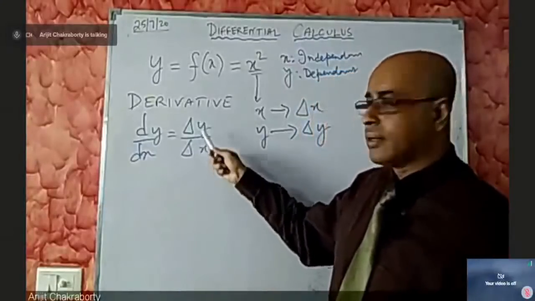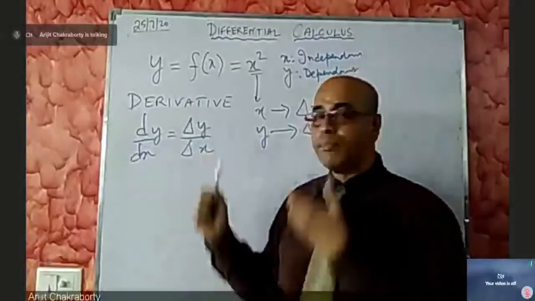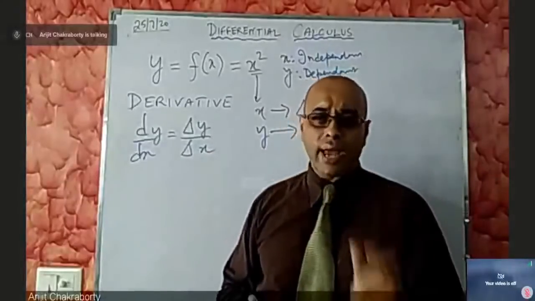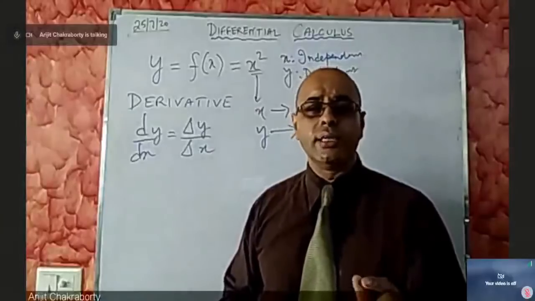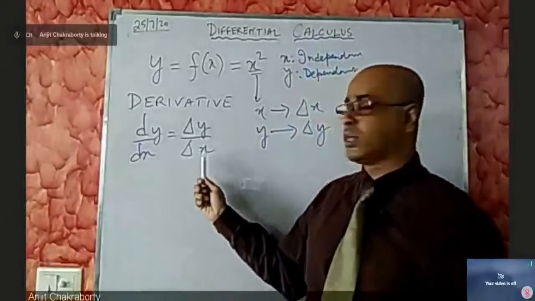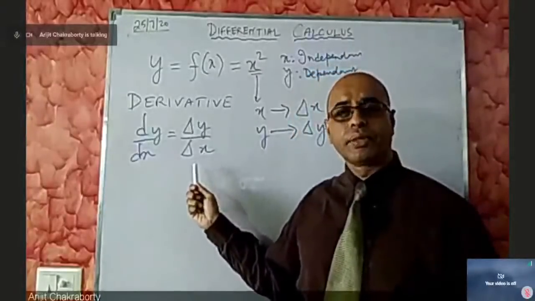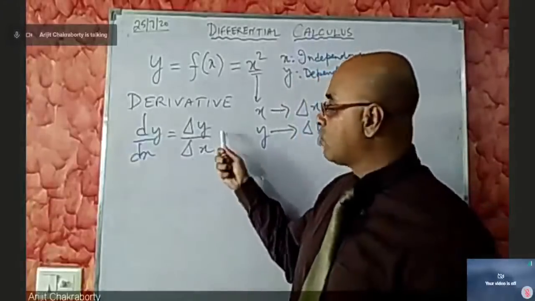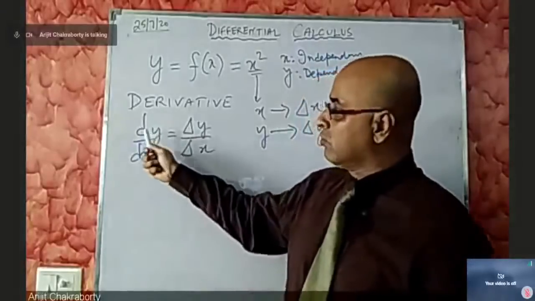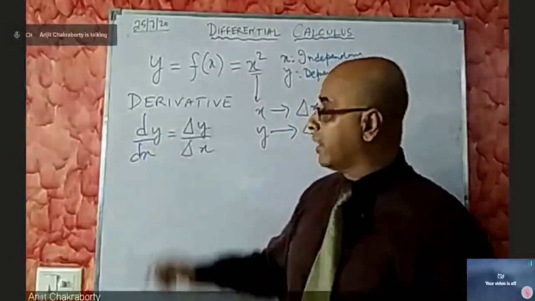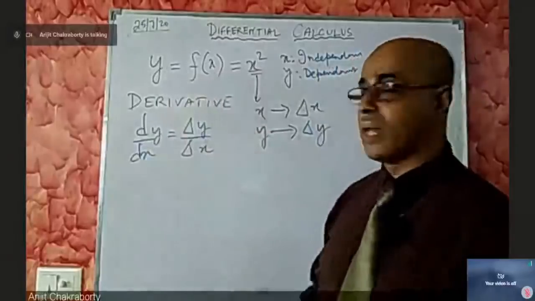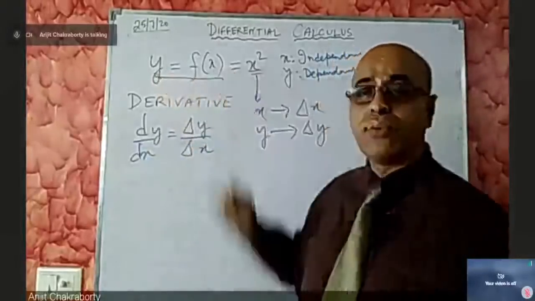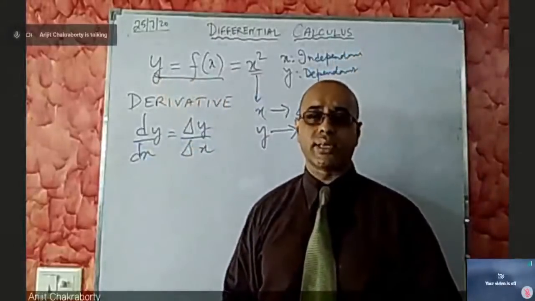And delta y means the impact or the amount of change in y due to a change in the value of x. So derivative is defined as delta y by delta x. It is shown by dy by dx, where y is a function of x, y is equal to f(x).